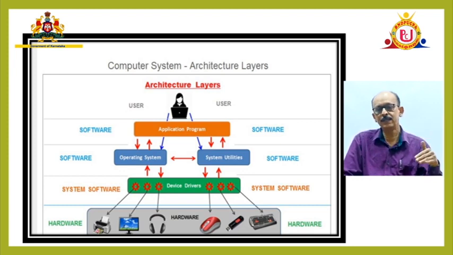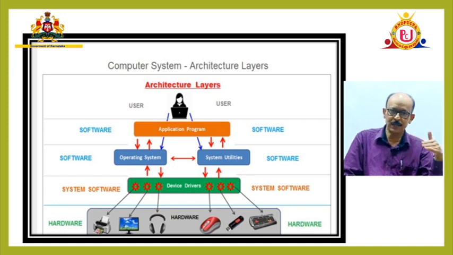Then it goes to the system software, in particular the BIOS I told you about, or command line interpreters, and then the hardware. This is the architecture you will have. In this set of layers, hardware is the innermost component. Next comes the system software, then the application software, and then the users will be there to operate the system.